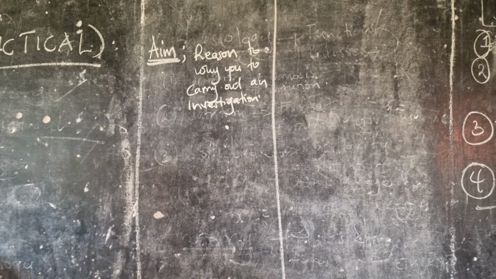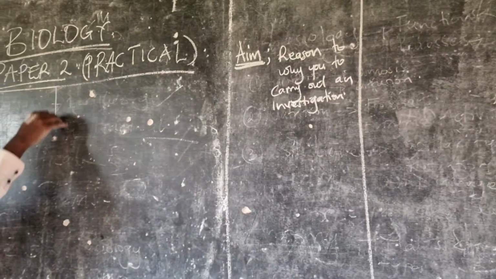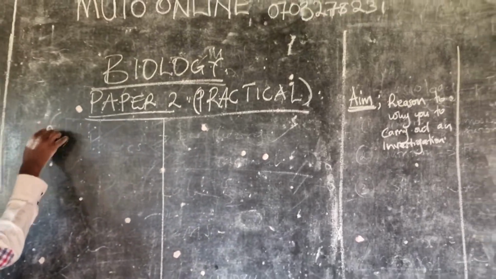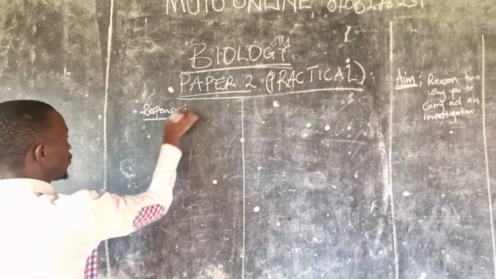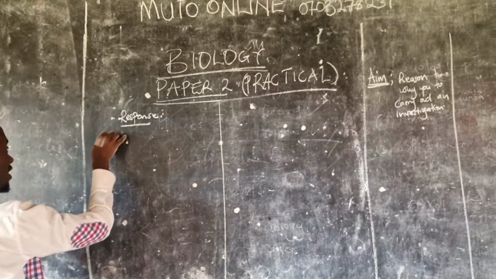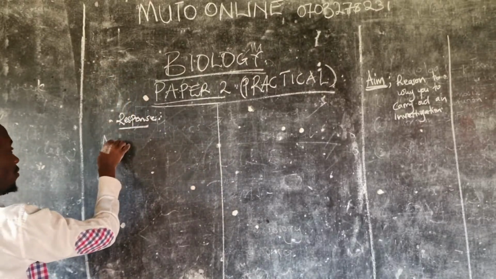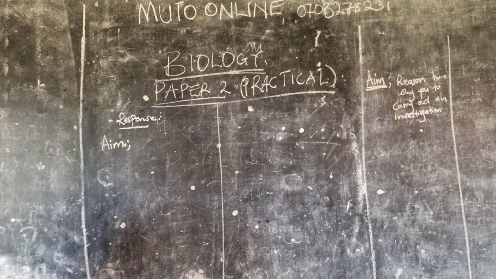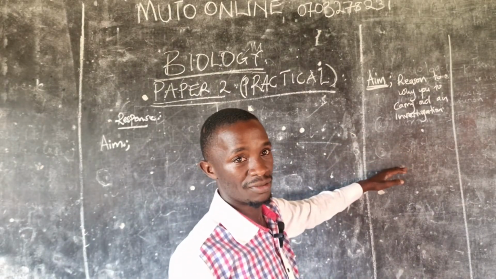This is how I train my learners too. On the first line, after writing the name and so on, they put aim, and then that colon. We've said the aim is always the reason why you are carrying out an investigation.